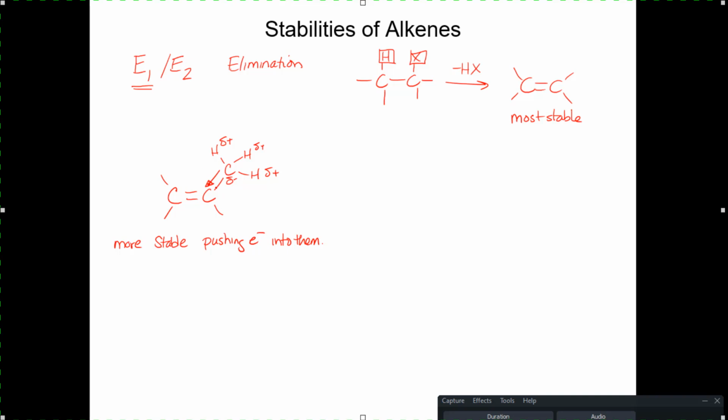So what would be the most stable alkene? Well, alkenes can only have 4 things attached to them. So the most stable alkene would be having 4 alkyl groups attached to the double bond. That would be the most stable alkene.